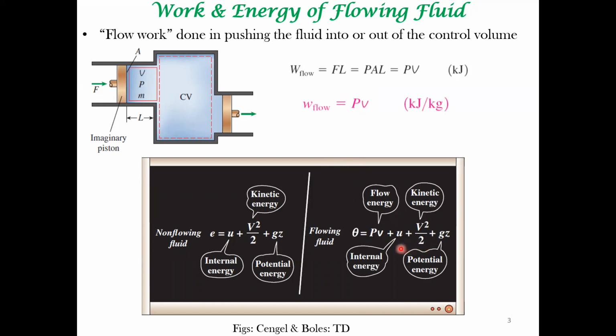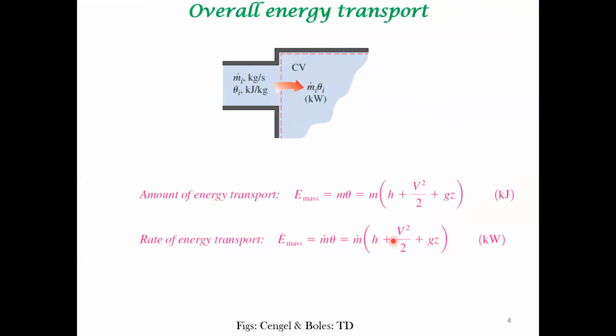Notice that internal energy and flow work put together is actually enthalpy. H is equal to U plus PV. We defined enthalpy in the previous few lectures. So enthalpy is of great utility when you're thinking about flow systems.